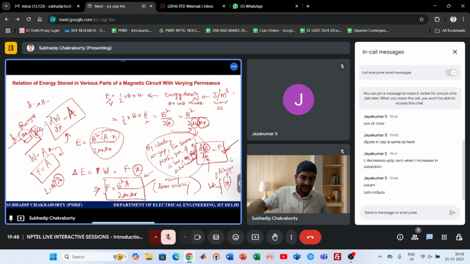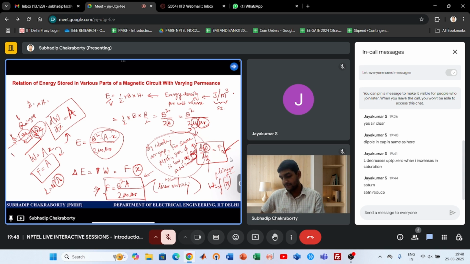For a given flux circulating through the core, which has two parts, the air gap part which has a higher reluctance and the core part. The core part is dimensionally large, but its reluctance is very small because it is 1000 or 10,000 times lower than that of the air gap, because the mu r of iron is around 10,000. So this is approximately 10,000 times more.